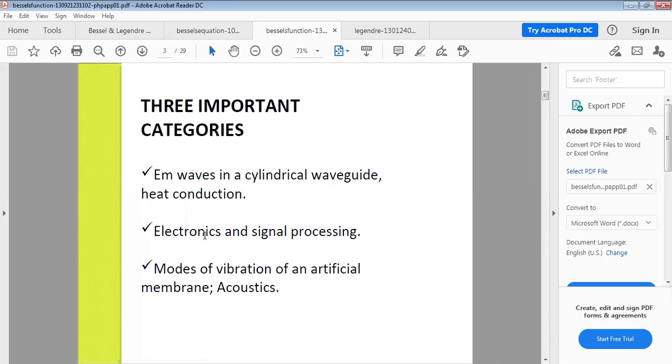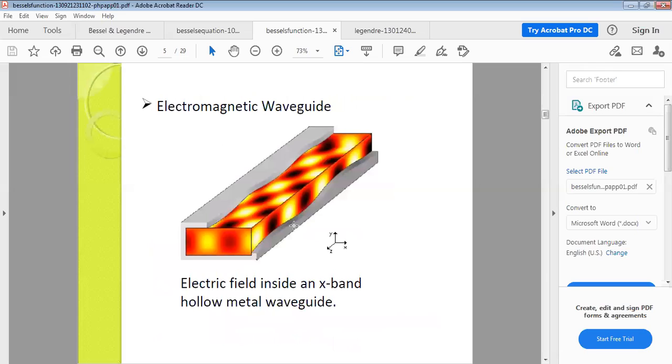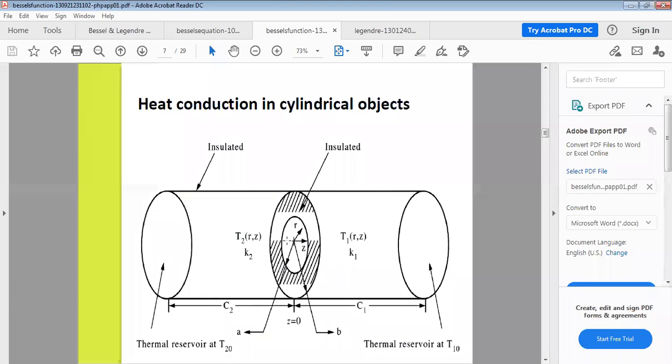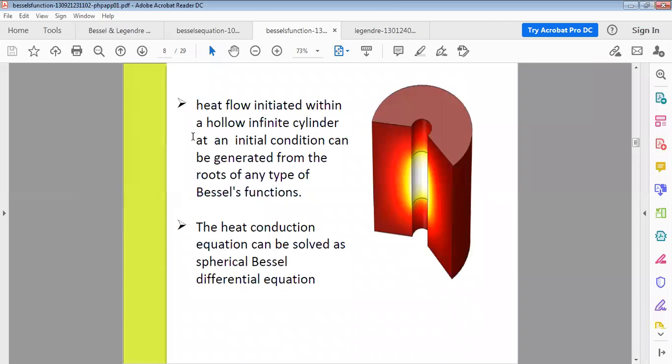Electronics and signal processing. Field inside an X band cylindrical object, heat conduction. In a cylindrical object, we also use what? Bessel function.